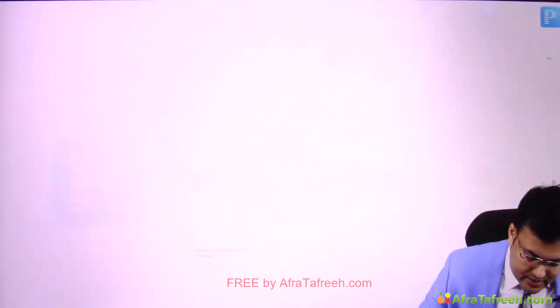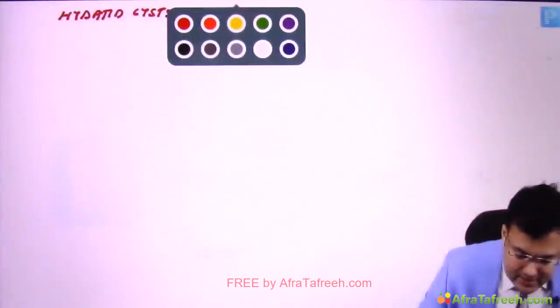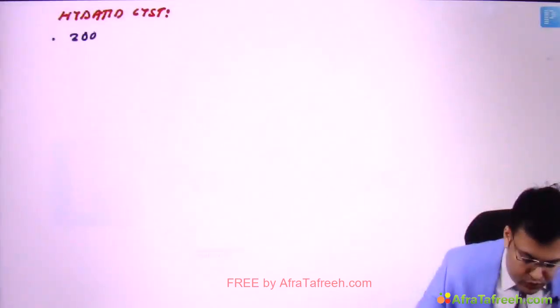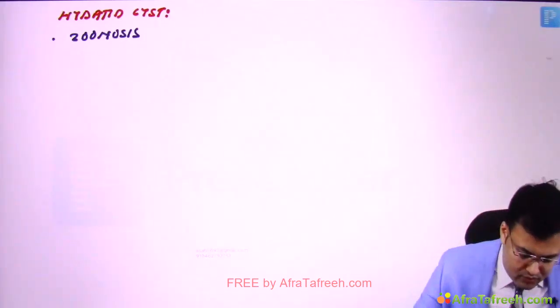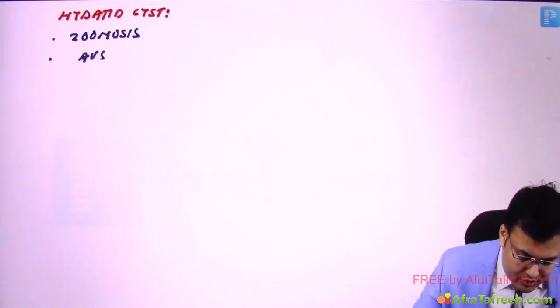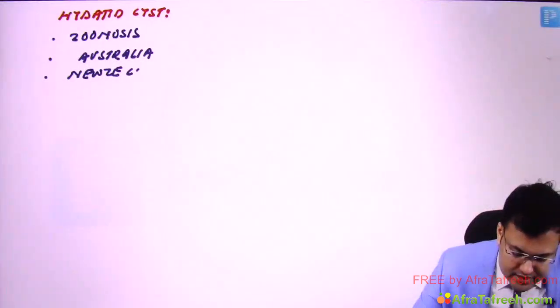The next condition is hydatid cyst. Hydatid cyst is zoonosis, and it is seen in sheep grazing areas. What are the areas where this is more common? It is seen in Australia, New Zealand, East Africa and South America.